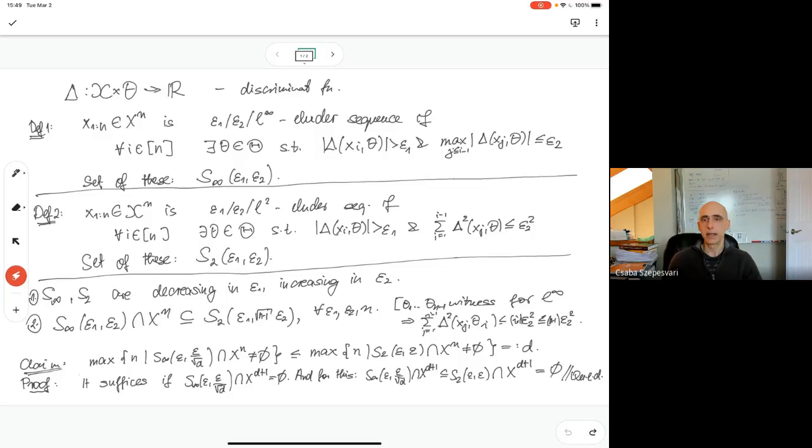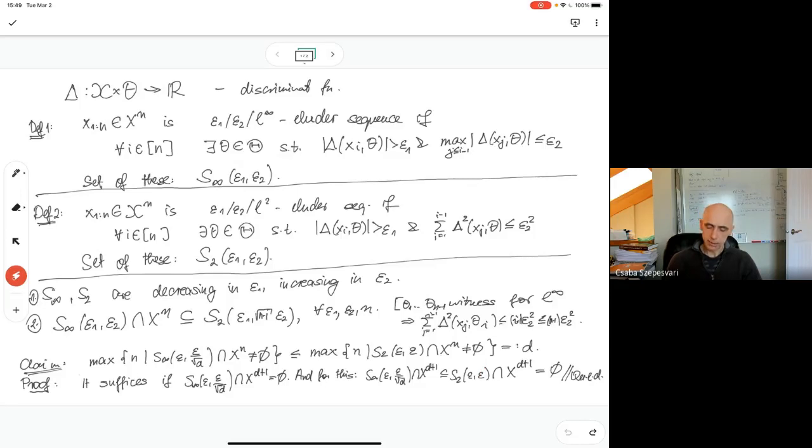Okay? And for this, you can notice, based on our previous containment here, that the L infinity sequences, where the second parameter is scaled down by a square root of d factor, of length d plus 1, are all a subset of this, where n right now is d plus 1, so n minus 1 is d. So multiply with a square root of d, you get an epsilon there.